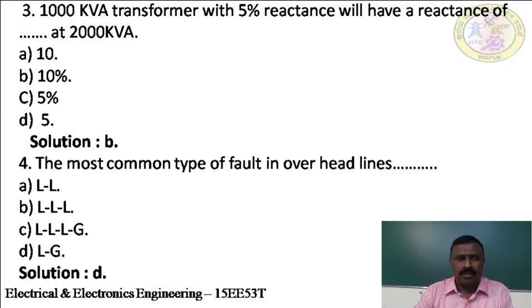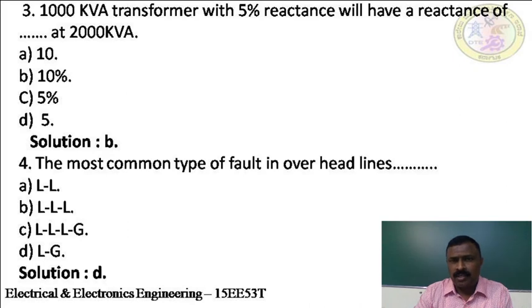The third question goes like this: a 1000 kVA transformer with 5% reactance will have a reactance of dash at 2000 kVA. The options are A 10, B 10%, C 5%, and D 5.